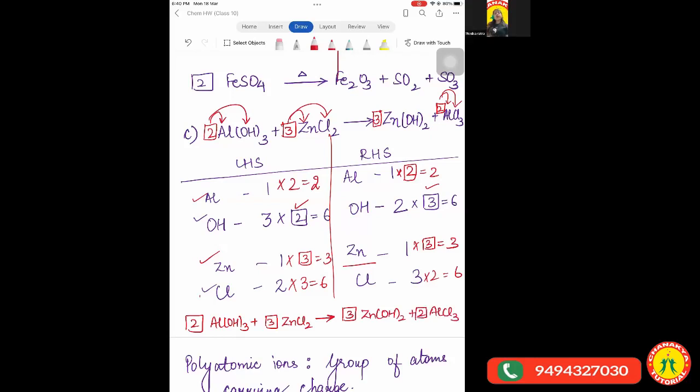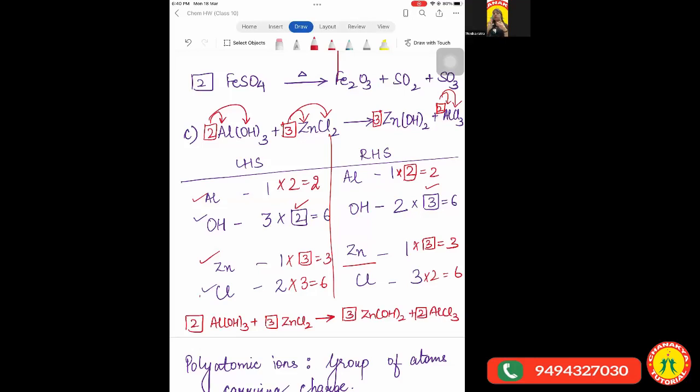So wherever you see the polyatomic ions on both the sides, I'm repeating again and again, on both the sides, because I will be giving you one example in which the polyatomic ion won't be seen on both the sides. It would be present on one side, and on the other side we won't be able to see it. Fine.